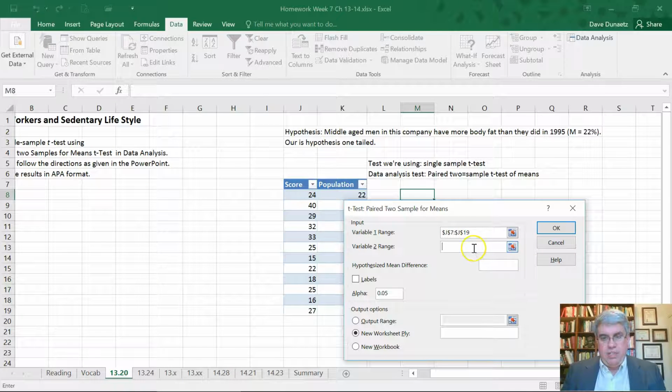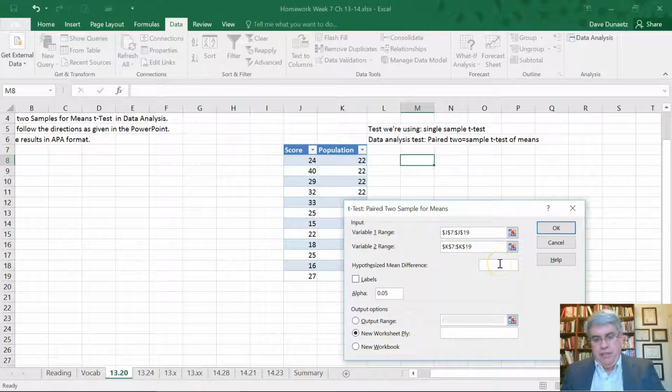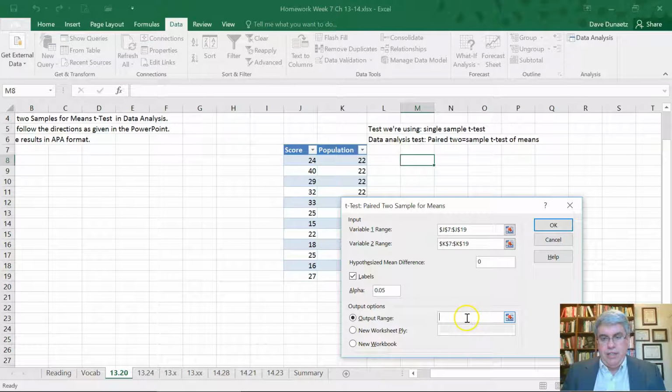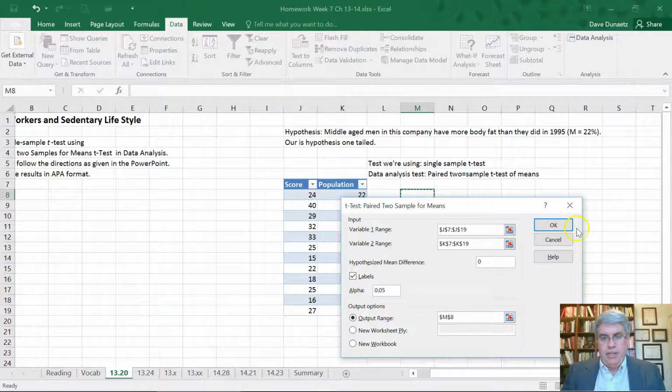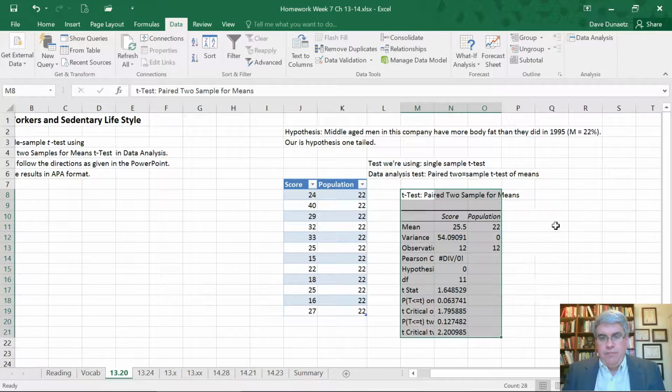The second variable is just going to be this population mean the whole time. And the hypothesized mean difference is 0. We check labels, alpha equals 0.05. For the output range, let's click in there, and then we can click here. And that should be good to go.